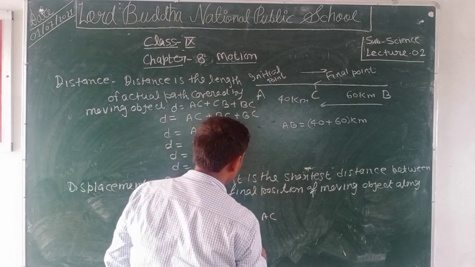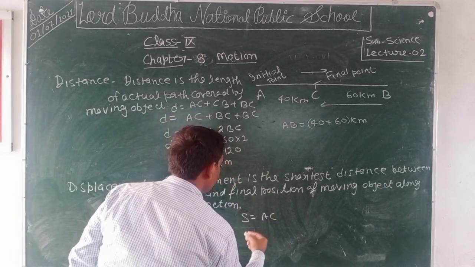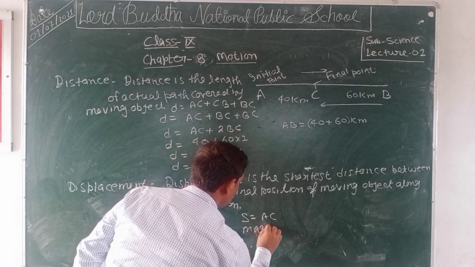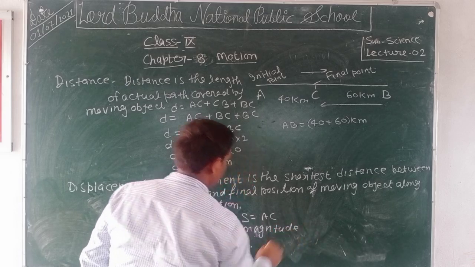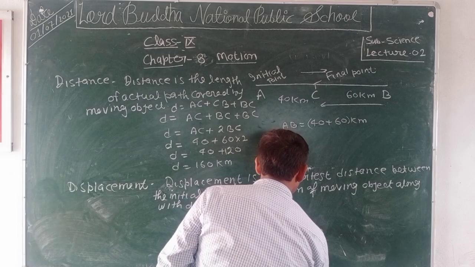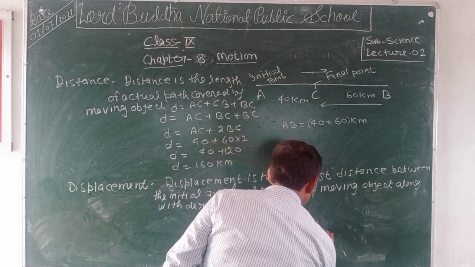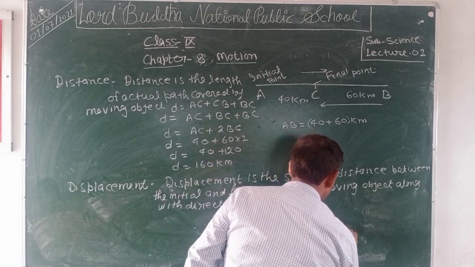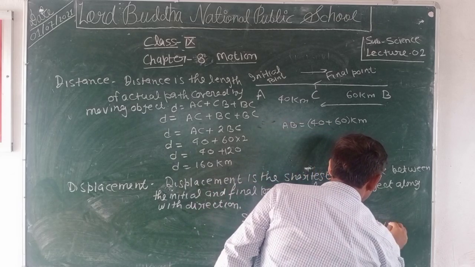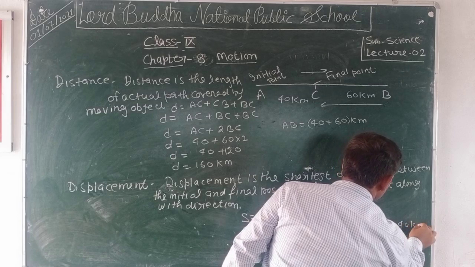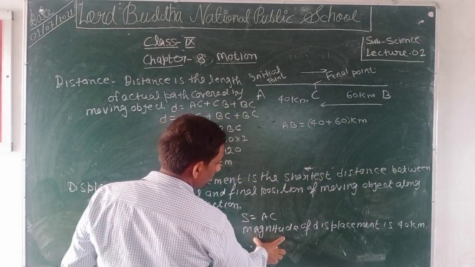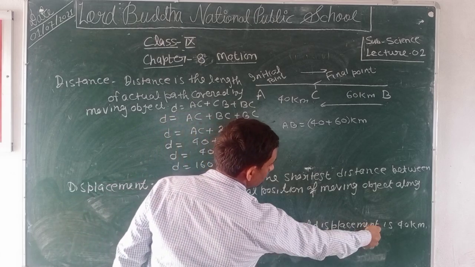S equals the length of AC. So the magnitude of displacement is 40 km in this example.